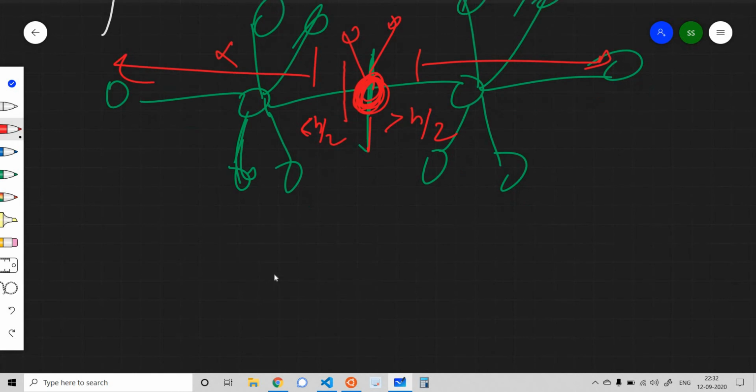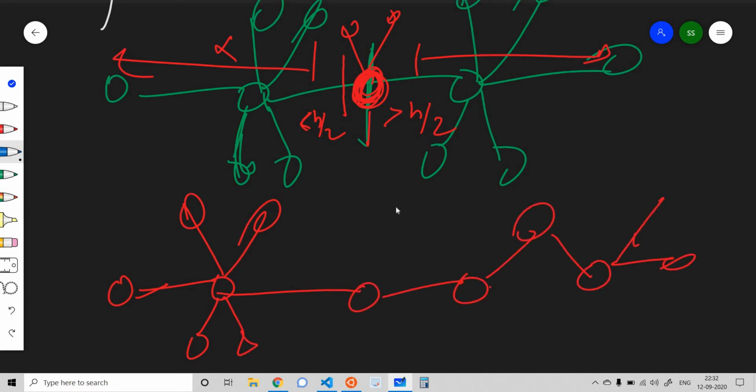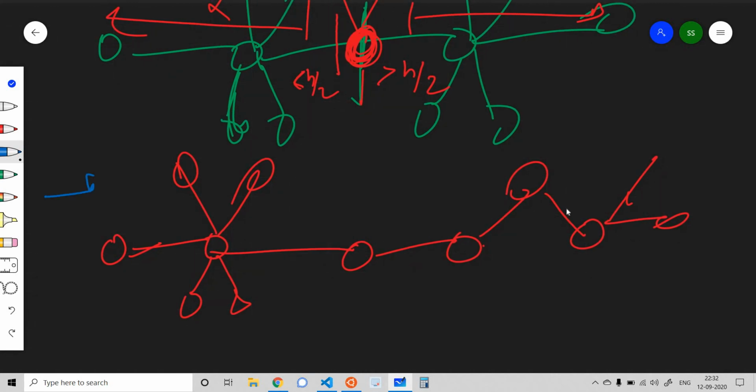But there can also be a case when we have two centroids. Suppose we have come to the point where, going from left to right or right to left, at this point the number of nodes is equal to n by 2, and here also the number of nodes is equal to n by 2, including these two nodes.